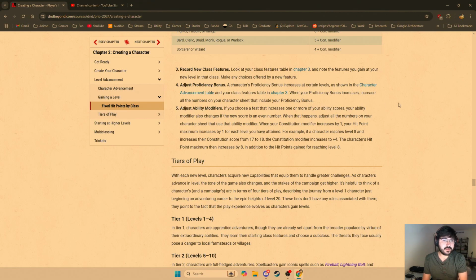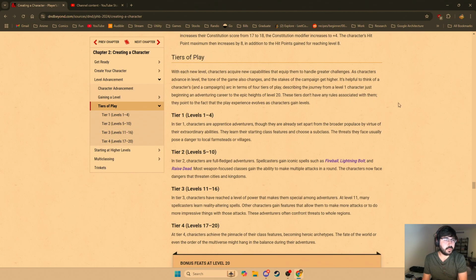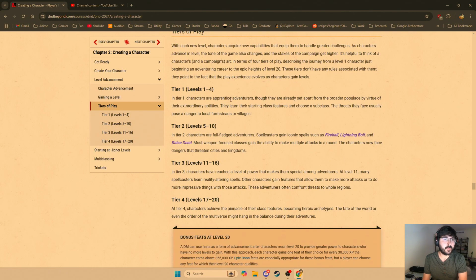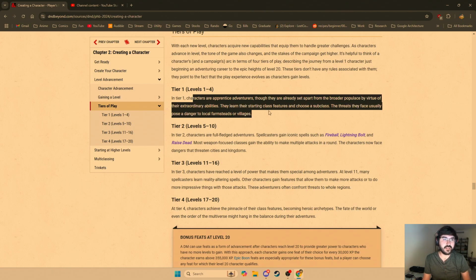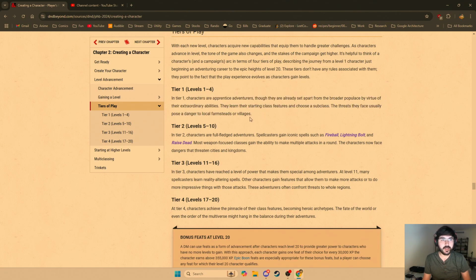Ability modifiers, tiers of play. In tier one, characters are apprentice adventurers. They're starting to figure things out. The threats they face usually pose a danger to local farmsteads or villages. Once you're into tier two, they start gaining more of the iconic spells. They're now considered veterans.